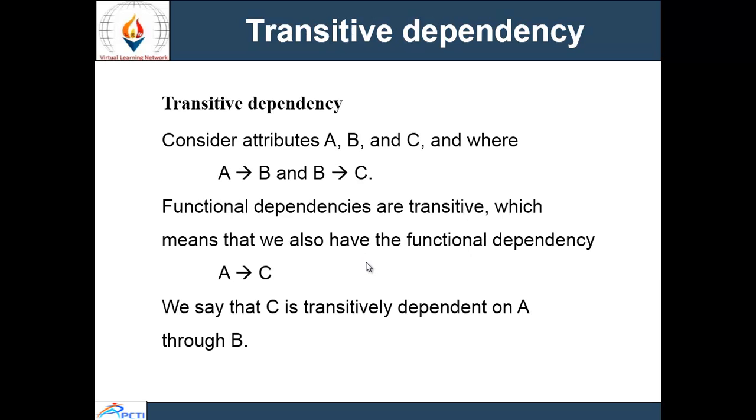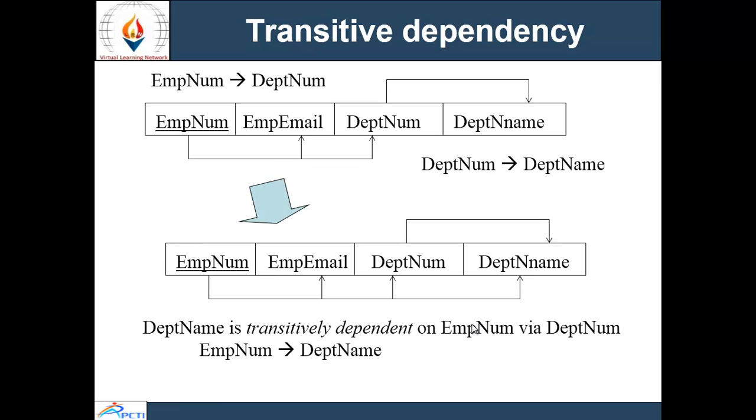Transitive dependency means if B is dependent on A and C is dependent on B, it means these functional dependencies are transitive, which means that there is also a dependency between A and C, that is C is functionally dependent on A or C is transitively dependent on A. Similarly, you can see here EMP email, department number, department name.